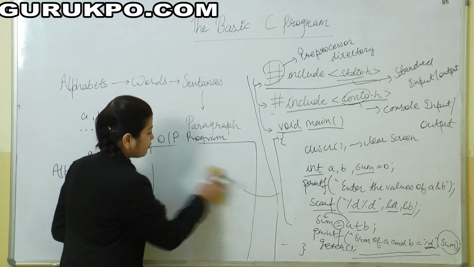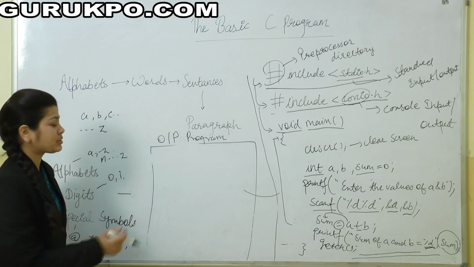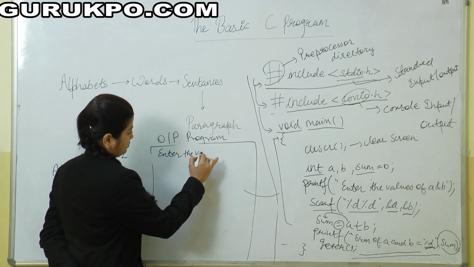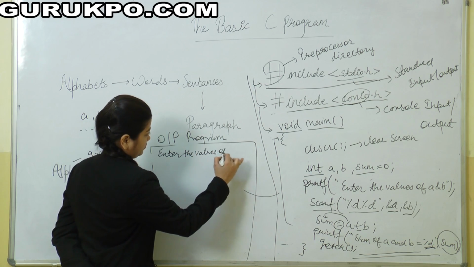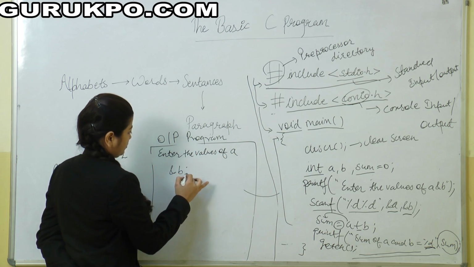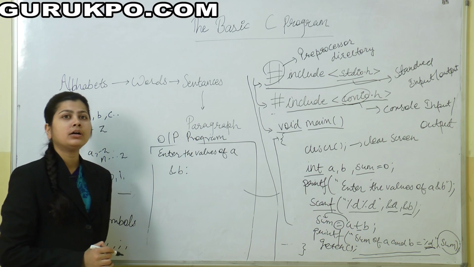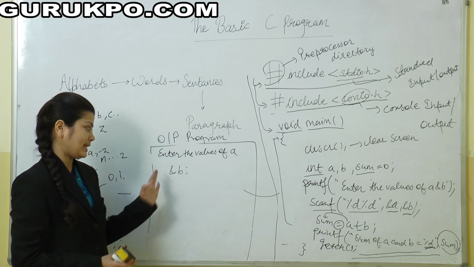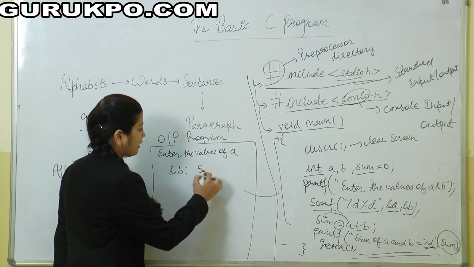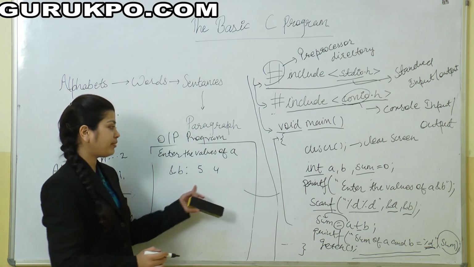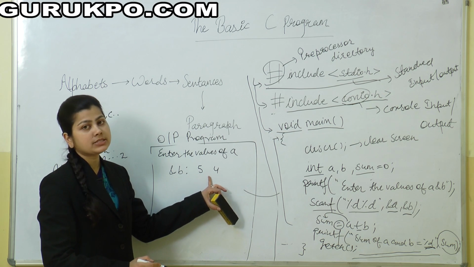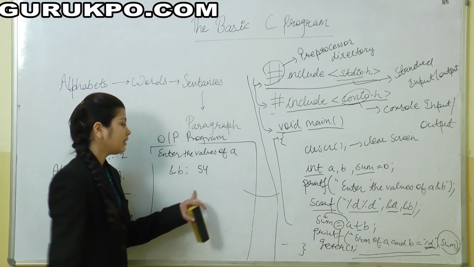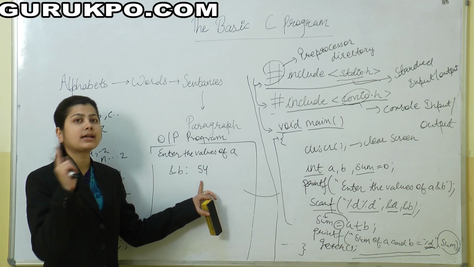So if we execute the program, the output window shows the output. When we execute our program, the values we pass are separated by a single space, because if we write the values together, then the compiler counts them as a single value.